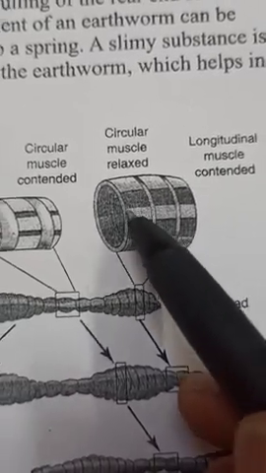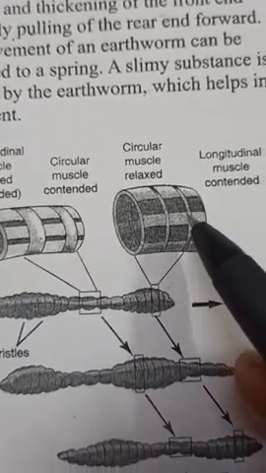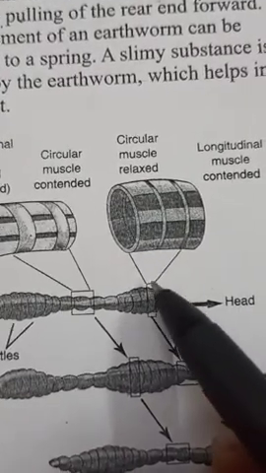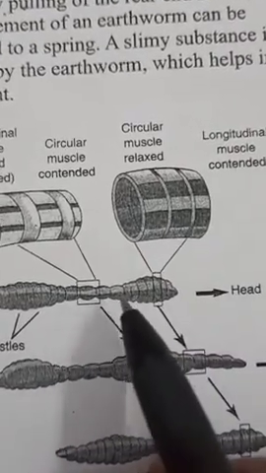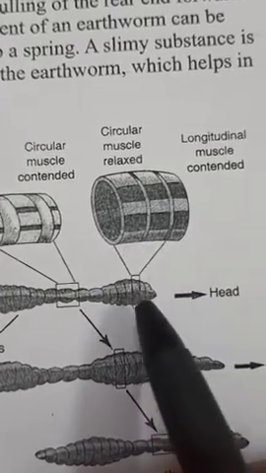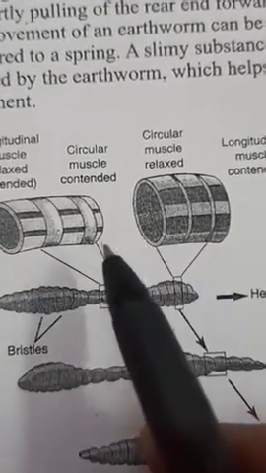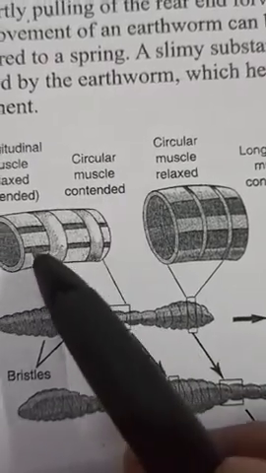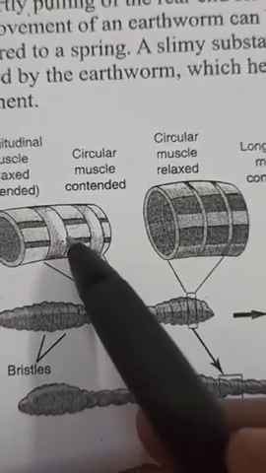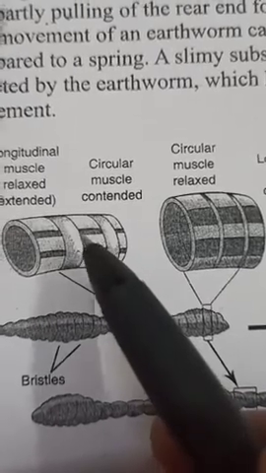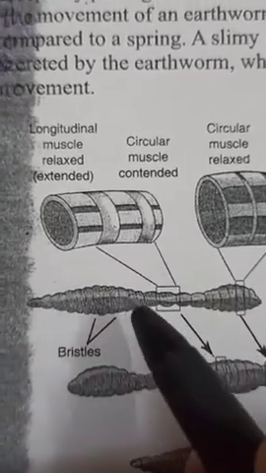Okay, these are the longitudinal muscles, and when longitudinal muscles contract or become active, at that time earthworm's body is thickened, means its body becomes thick there when longitudinal muscles contract. Contract means they start working, and when these circular muscles, which are present circularly, means in the circular way they are present inside their body, when these circular muscles remain active, at that time they make their body thinner.